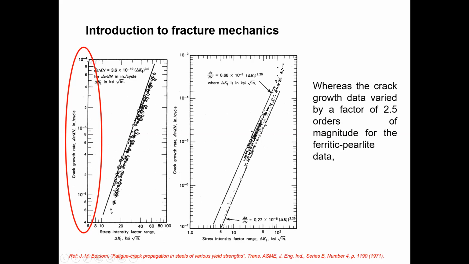That means it is around 100. If you get the ratio, this range varies by a factor of around 2.5. But in here you can see 10 to the power minus 10 to the power minus 3. It is a factor of 4. So this is 2.5 points increase. This is 4 times.